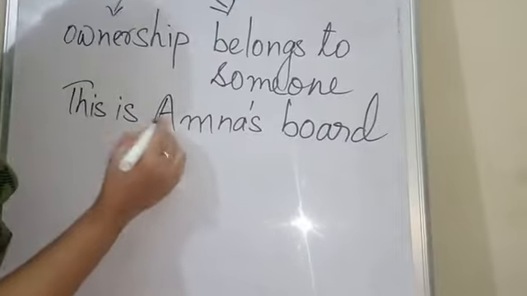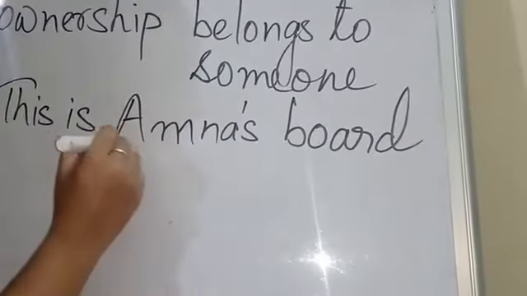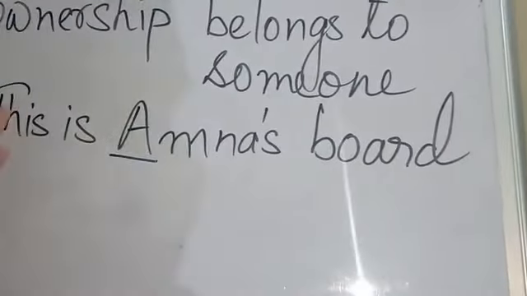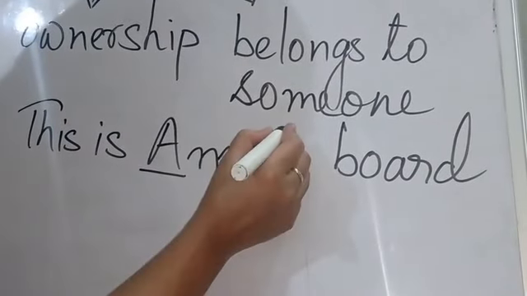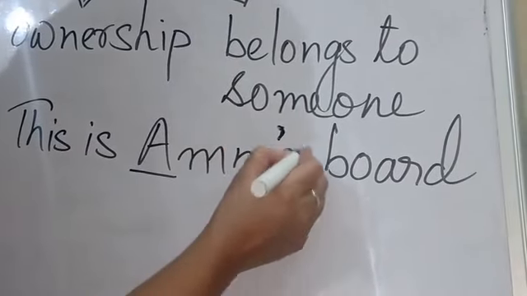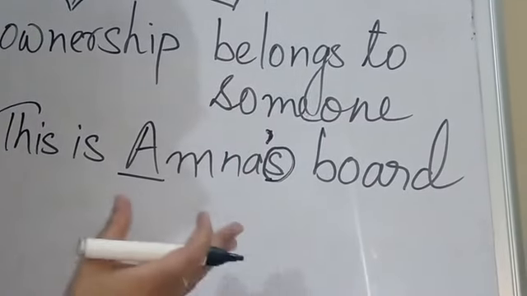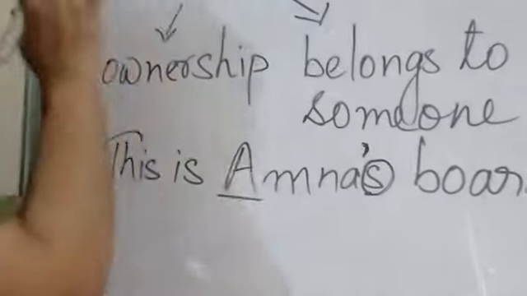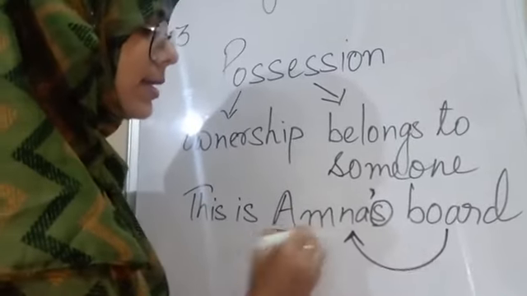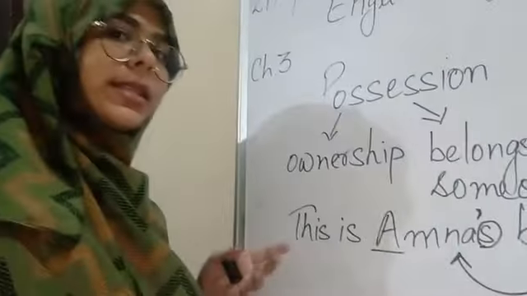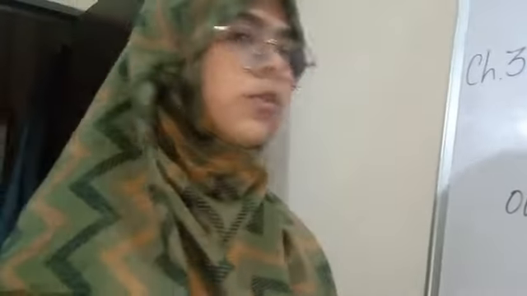Here I have written my name with a capital letter because it's a proper noun, and then I have used an apostrophe S to show the ownership of this board. Like this board belongs to me. This is a possessive noun.